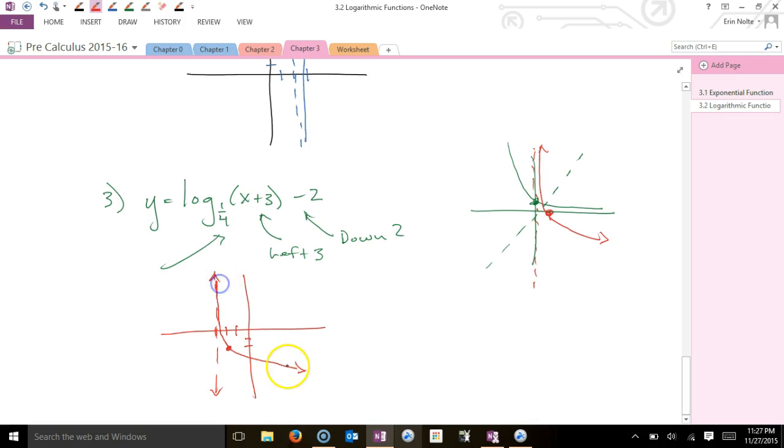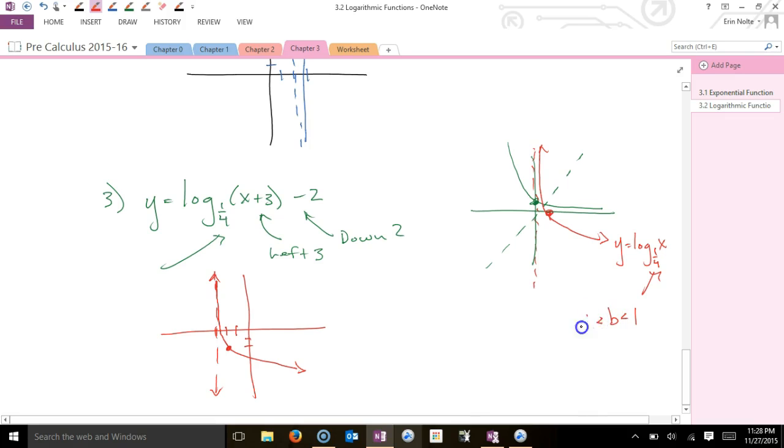So it starts high and goes down low. I might write that in your notes too, when it has a base of less than 1. It's probably a good thing to have in there.